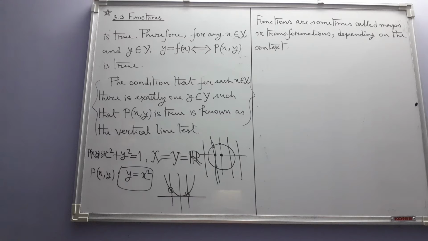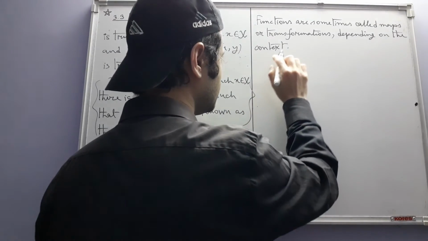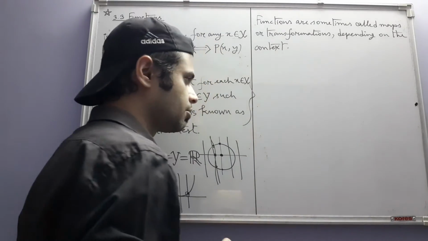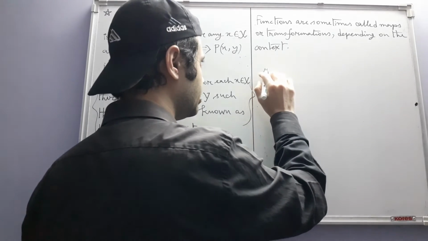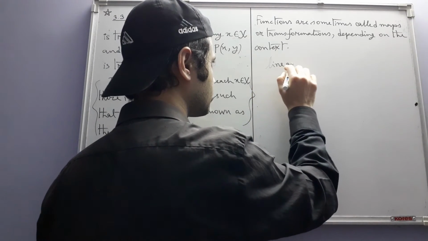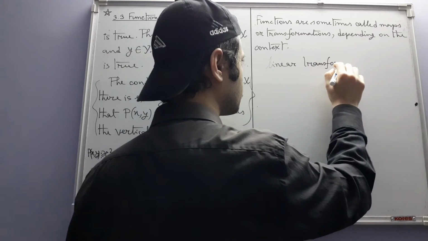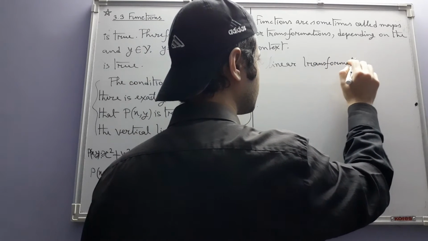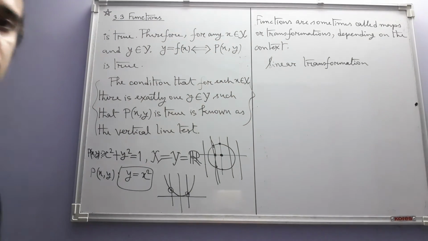For example, in linear algebra, when we study that structure known as a vector space, there we will come across something called linear transformations. A linear transformation is also a function, but a special type of function.